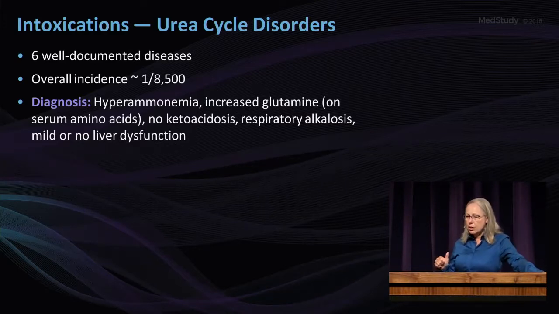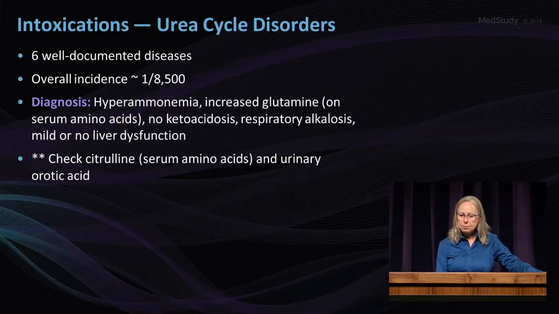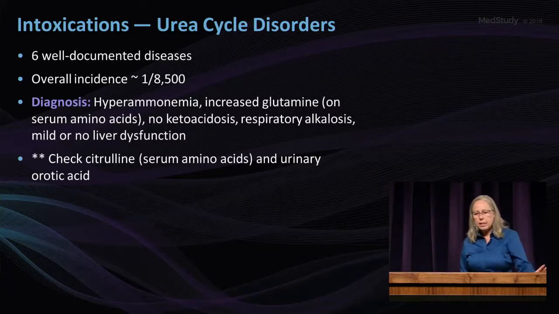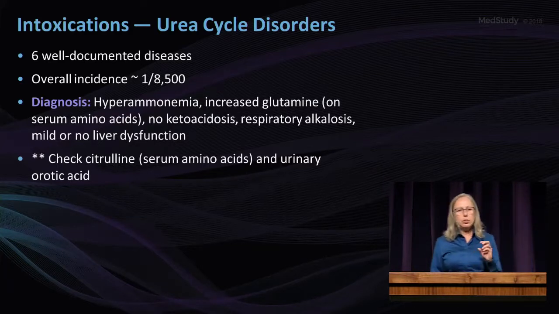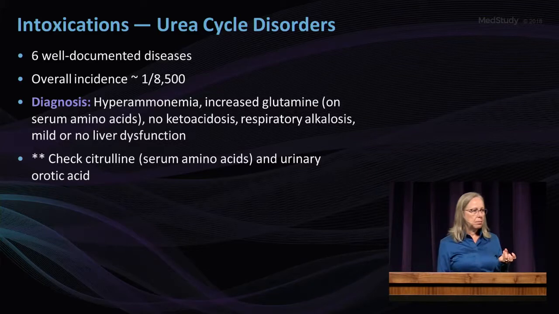Look for increased glutamine on your serum amino acids. There's not going to be a ketoacidosis, but you're going to have a respiratory alkalosis and mild or no liver dysfunction. Look at your citrulline on your serum amino acids and look for a urinary orotic acid. Those are going to be your helpful keys for the A to B to C.